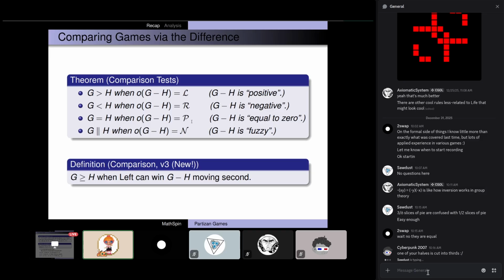And so what that means is that G is greater than or equal to H exactly when Left can win G minus H moving second. And I think this might be the definition given in Winning Ways. It is my least favorite of the three definitions we've seen because it emphasizes Left and it emphasizes moving second as a special case, and it doesn't feel like it's talking about all contexts and generality. It just so happens that by this theorem, this is equivalent to our previous definitions.